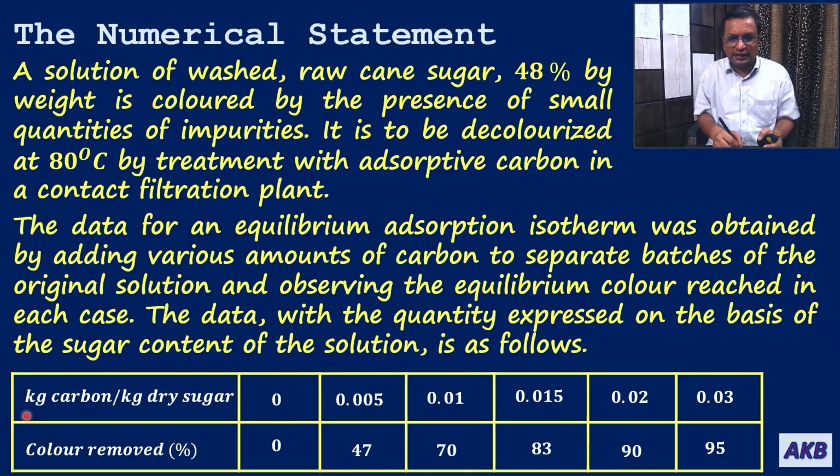So that's why it is kg carbon per kg dry sugar. It is not kg carbon per kg solution. It is kg carbon per kg dry sugar. So in this case, we will have to express capital X and capital Y in a different way. I will shortly tell you how to do that. So you have the equilibrium data that is given to us.